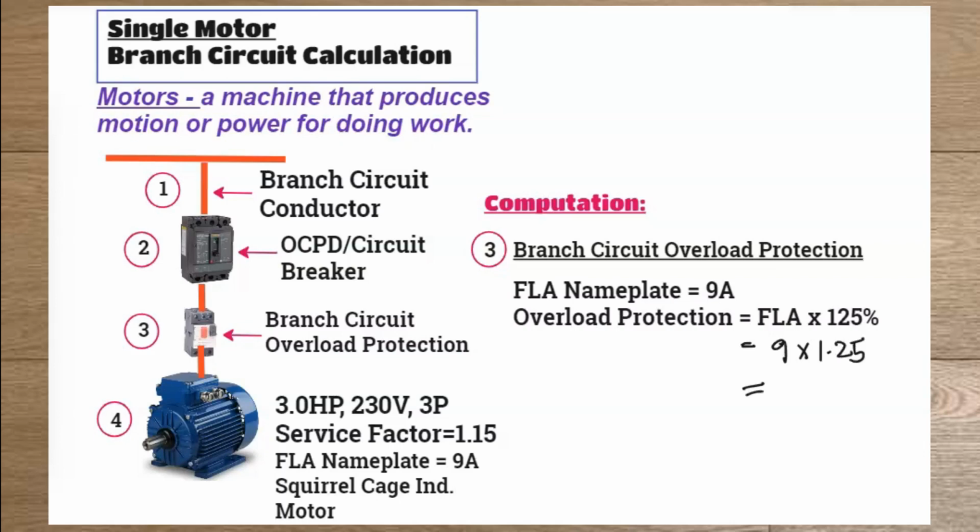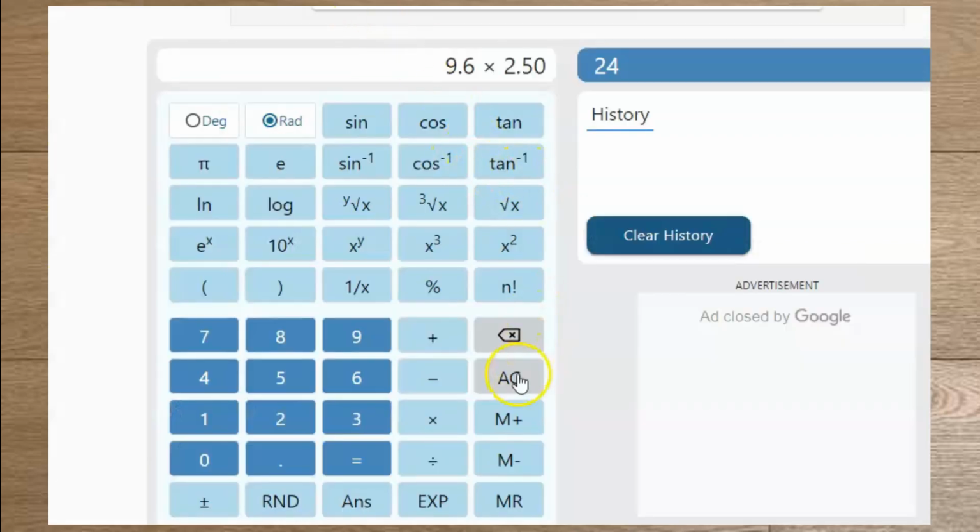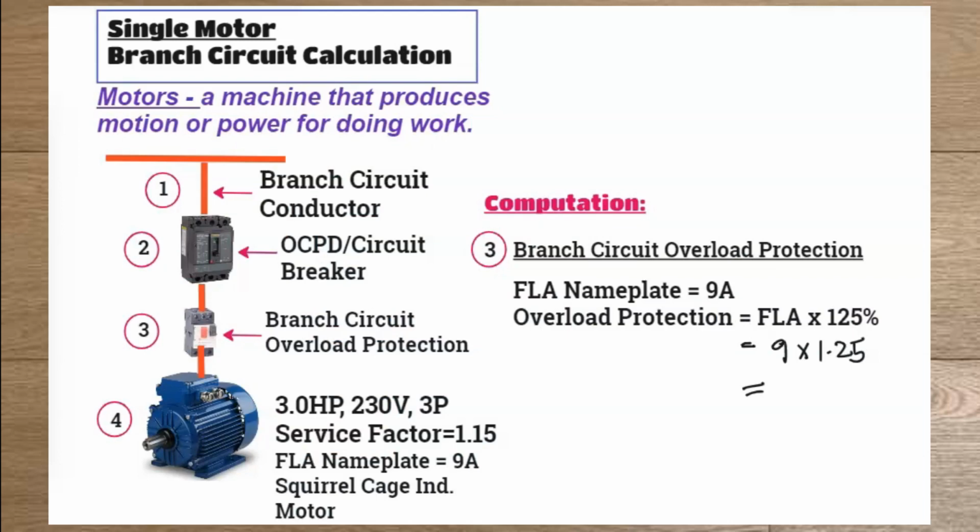Using our calculator, that is 9 times 1.25, so we have a value of 11.25 amperes.